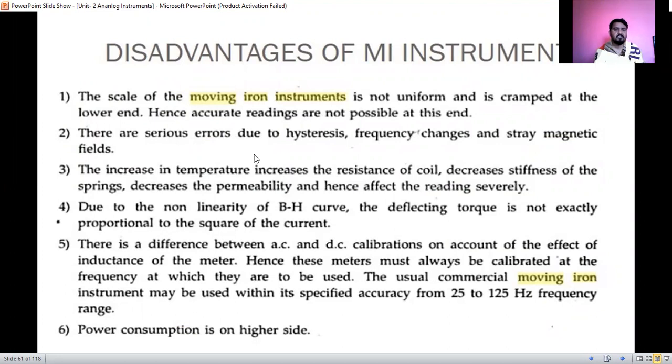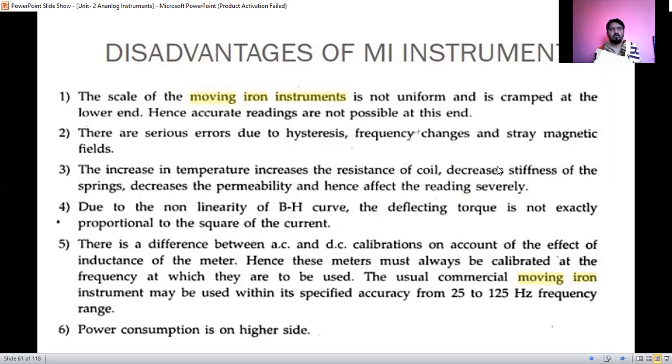There are serious issues with hysteresis, frequency changes, and stray magnetic field, because the moving iron is used in between a magnetic field. The hysteresis current will flow in the iron parts only, and leakages are there.